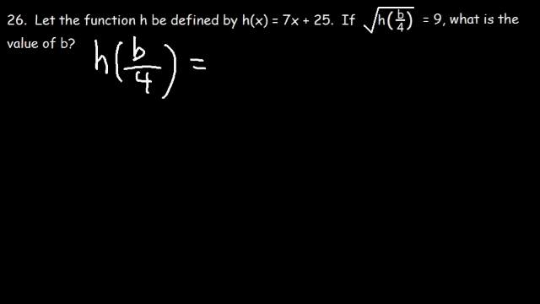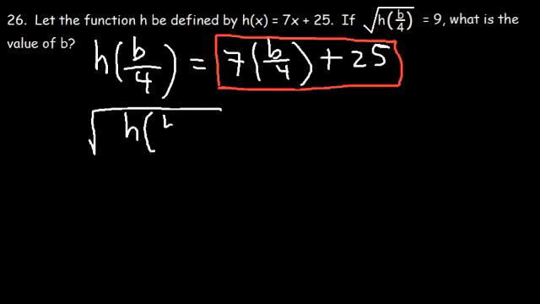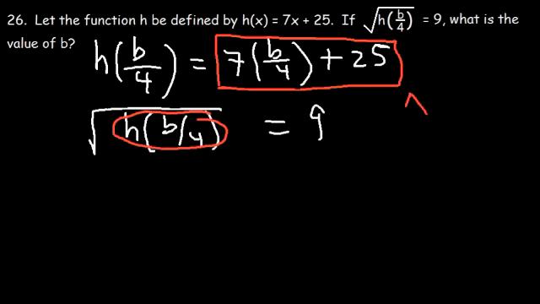So to find h of b over 4, we need to replace x with b over 4. So therefore, h of b over 4 is equivalent to this expression. So starting with this problem, we can replace the h of b over 4 with this expression.